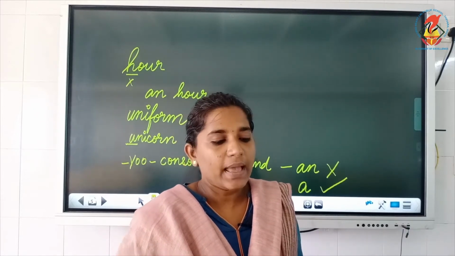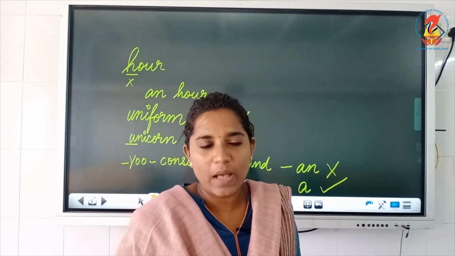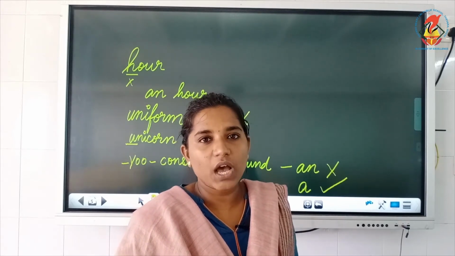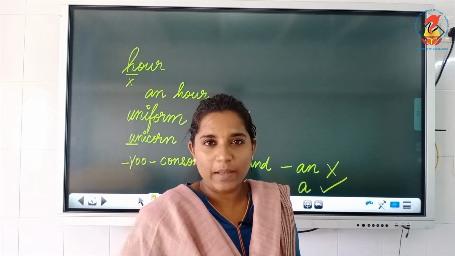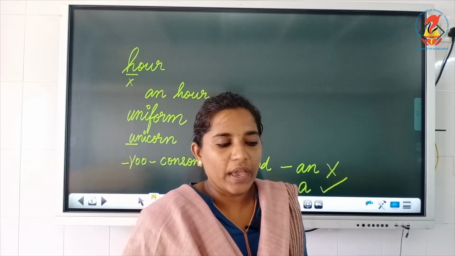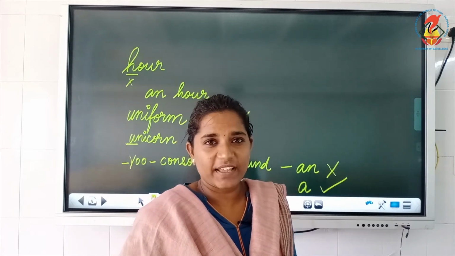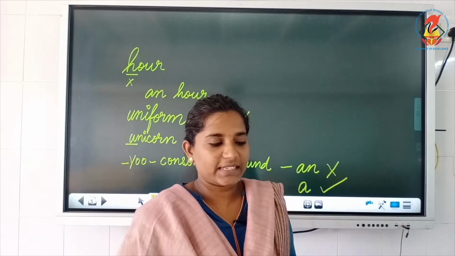Seventh question, Mr. George is dash old friend of the family. Old. Oh. Mr. George is an old friend of the family. Eighth one, have you ever seen dash elephant? Have you ever seen an elephant?